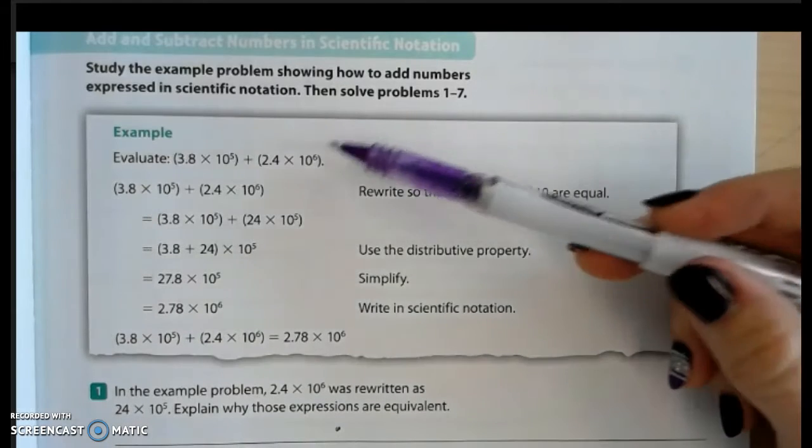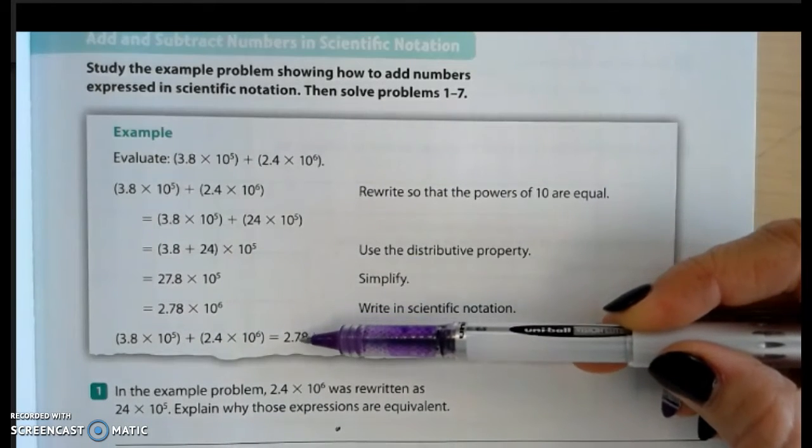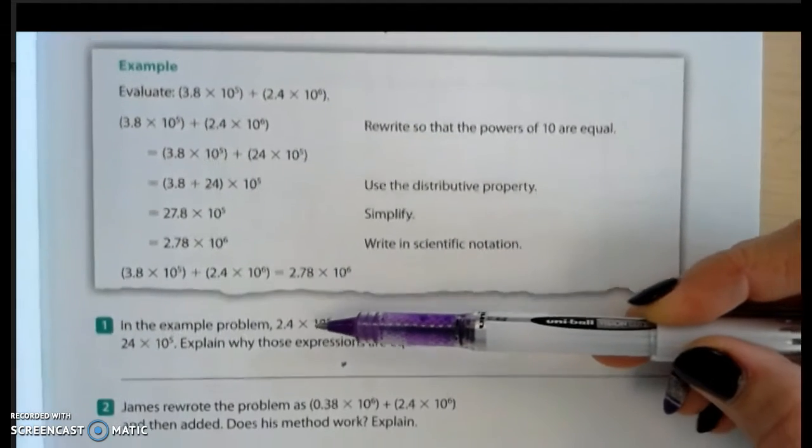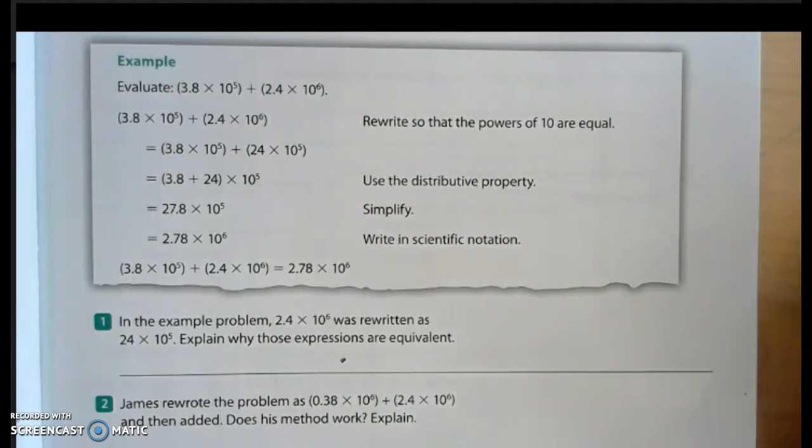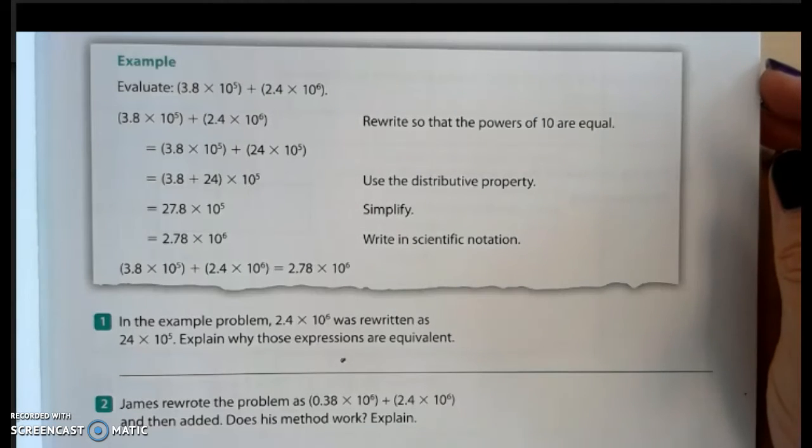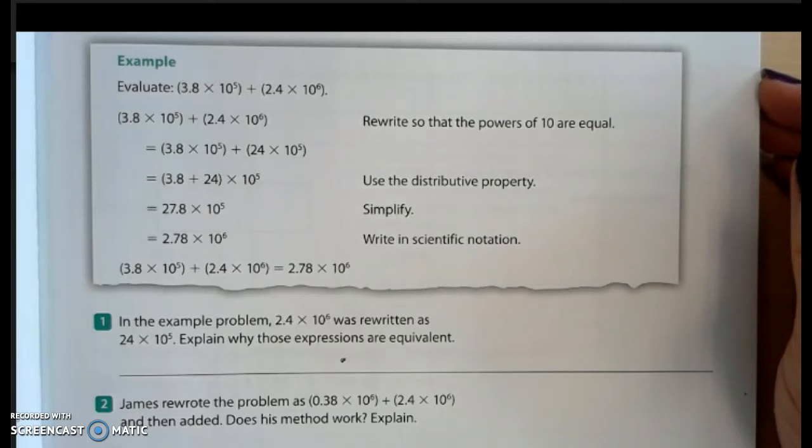Now they gave you an example that they've worked through here. You're welcome to look through that. I recommend it actually. Number 1 says, in the example, 2.4 times 10 to the 6 was written as 24 times 10 to the 5th. Explain why those expressions are equivalent.